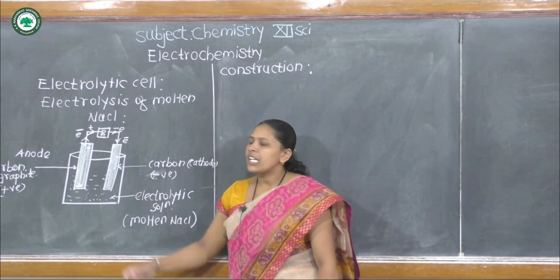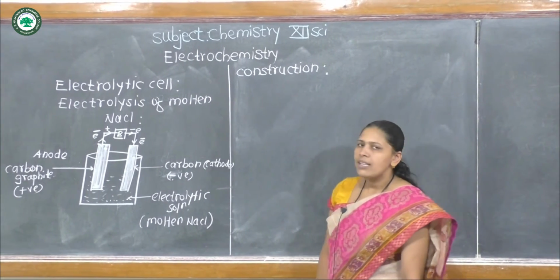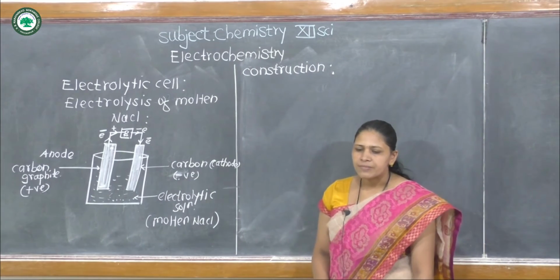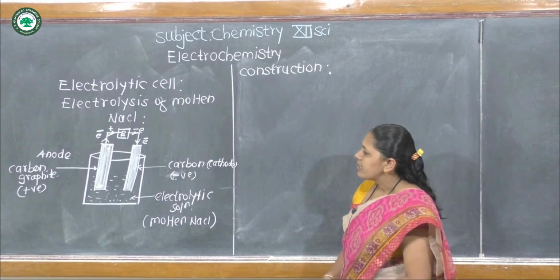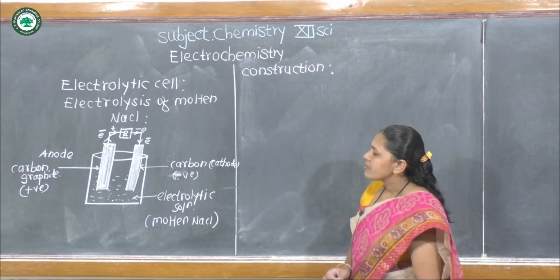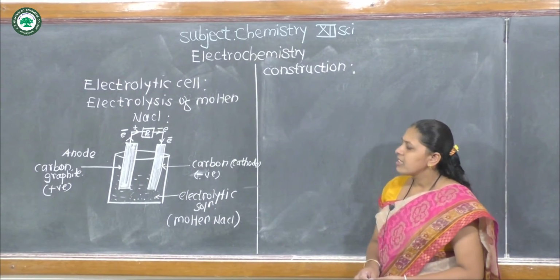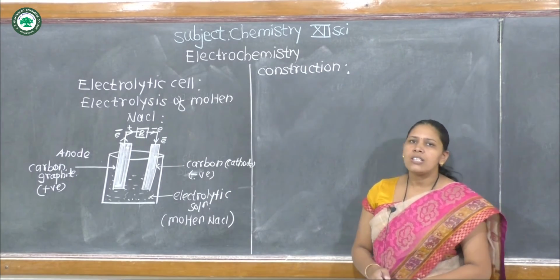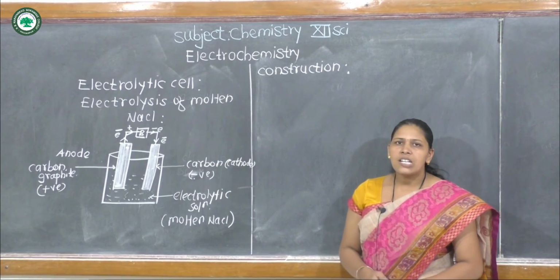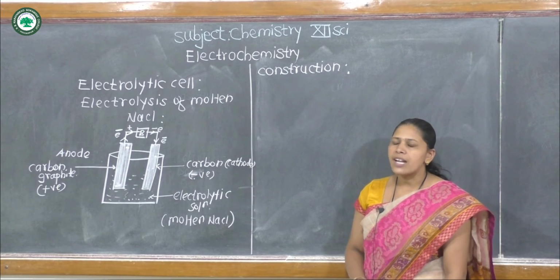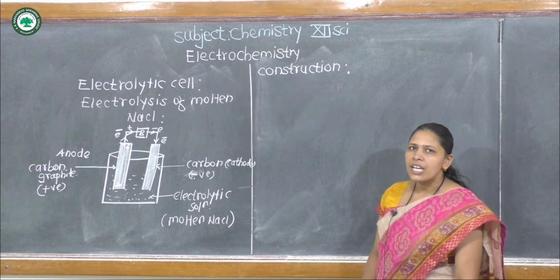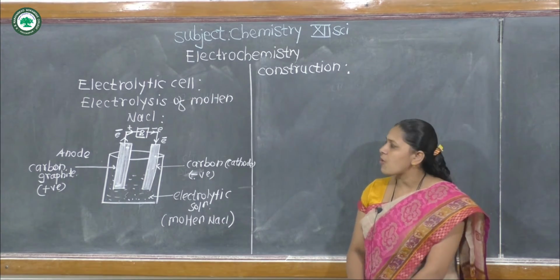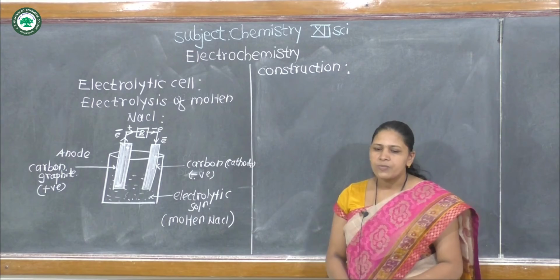These two graphite electrodes are connected by a battery by electrically conducting wire, and these two electrodes are inert electrodes. What is the role of an inert electrode in electrolysis? An inert electrode does not take part in the electrolytic reaction, but it only helps to transfer electrons from anode to cathode.